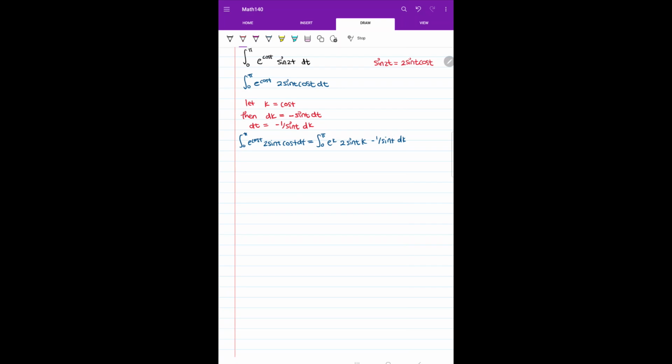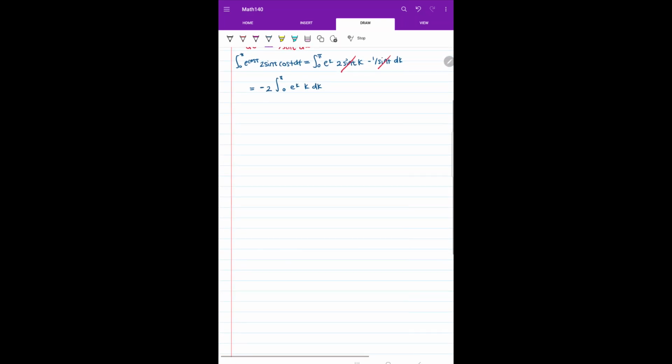Now if we notice, these two will cancel, and of course we cannot forget about this negative. So I'm going to take this negative, pair it with this constant of 2, and pull it to the front of our new integral. So this is going to be equal to minus 2, integral from 0 to pi. There we go. So e to the k, our signs cancelled, so we just have k dk.